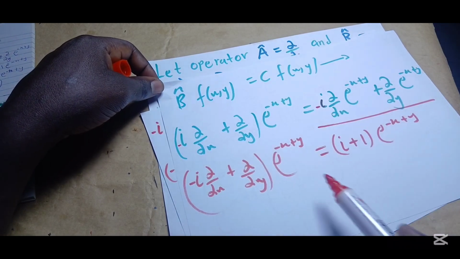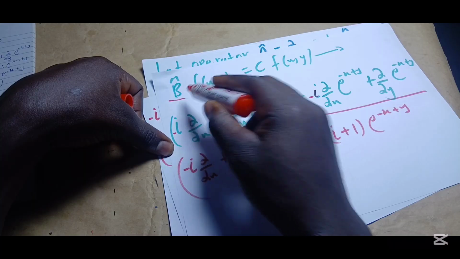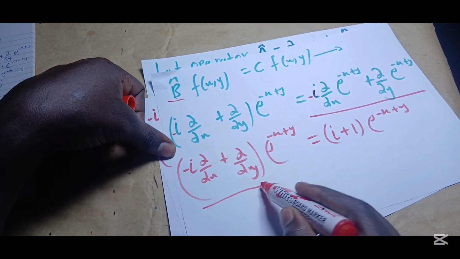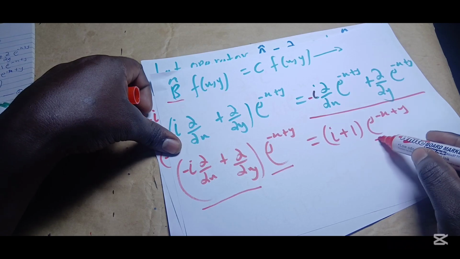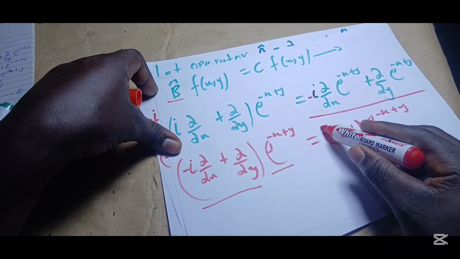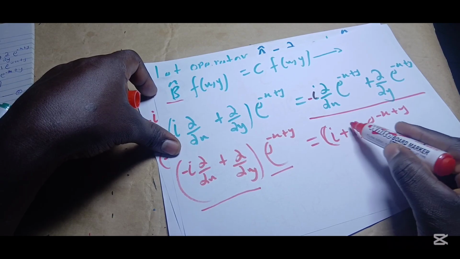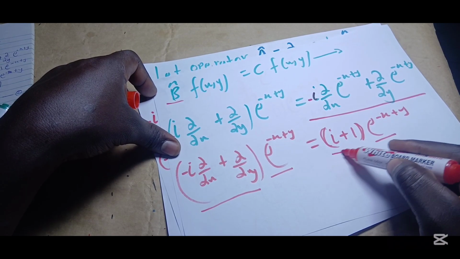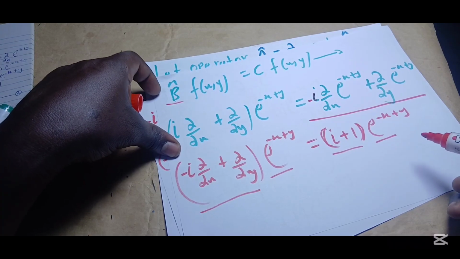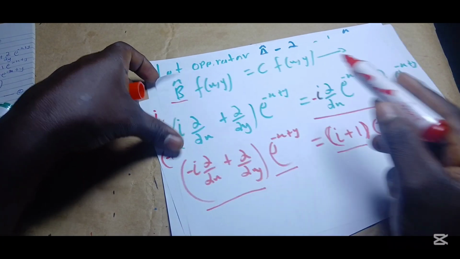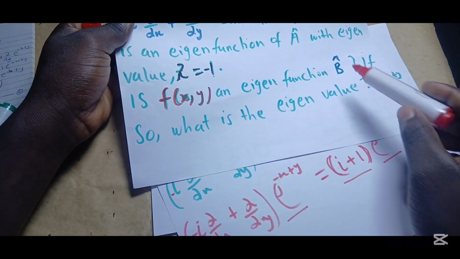We have operator B here acting on the function to give us the function back here and a constant here. As far as we don't have an x or y term here, this is a constant, right? So the function f of x and y is an eigenfunction on B.